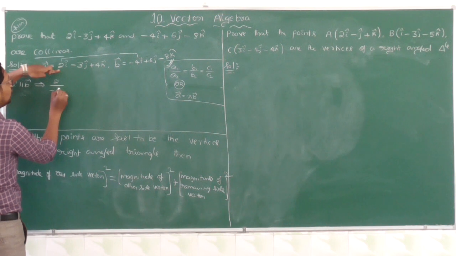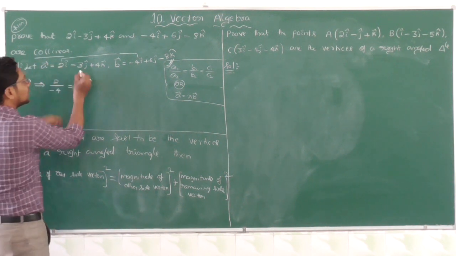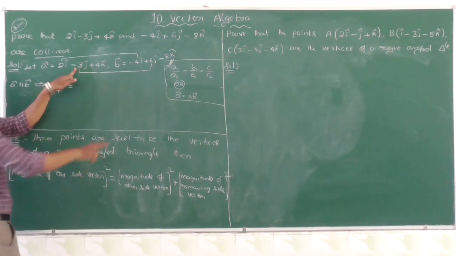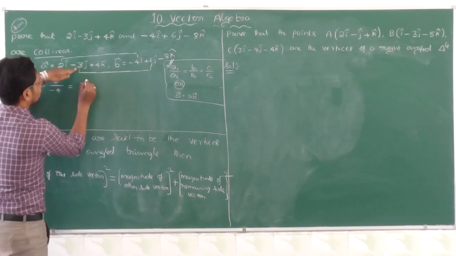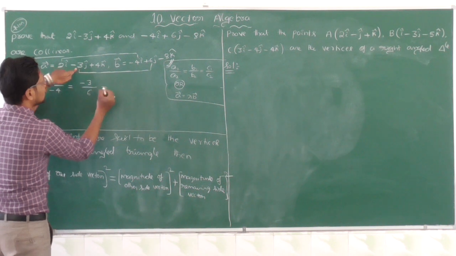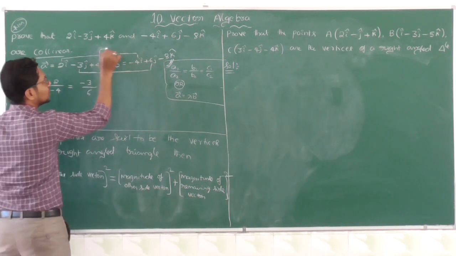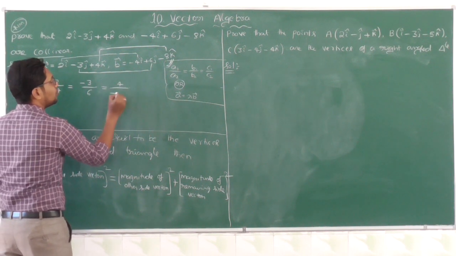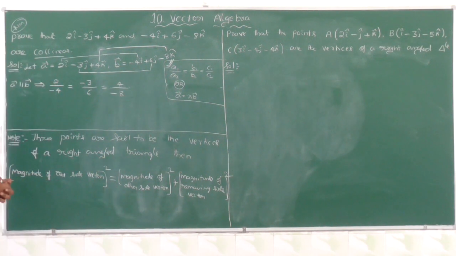Equals, next, the j components: minus 3 divided by 6. Equals, next, the k components: 4 divided by minus 8.